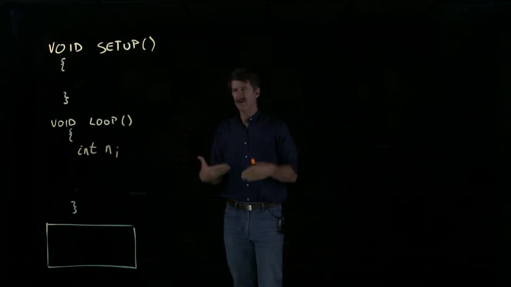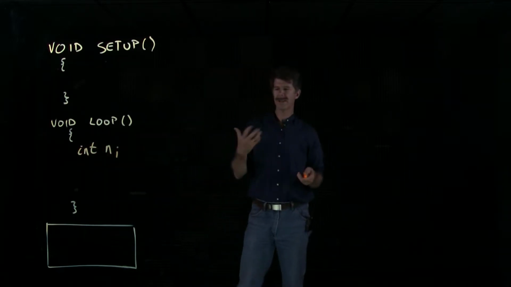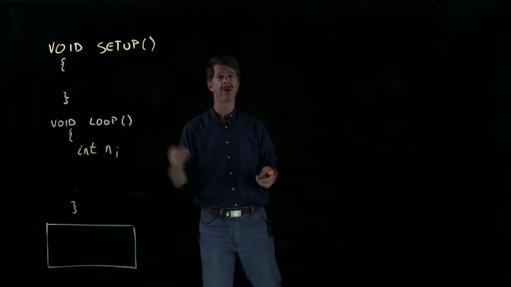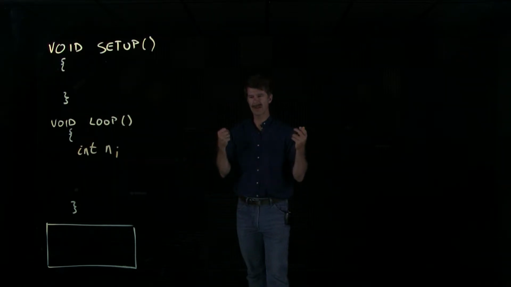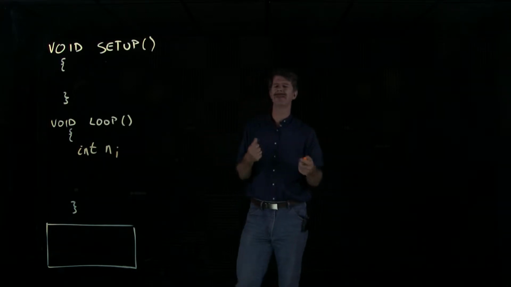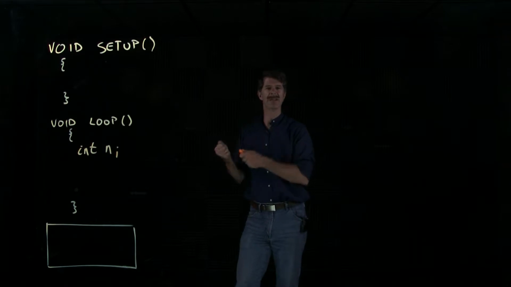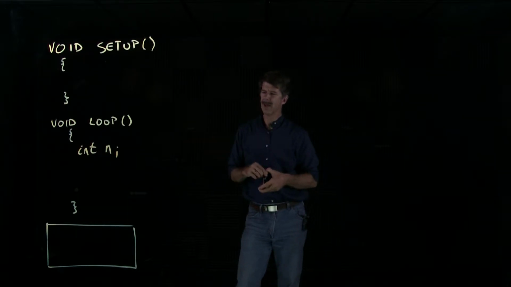To use a variable, you need to tell the code what its name is and what type it is, because there are other types of variables, floating point variables that can have decimal points, for example. So they're stored differently, and you have to tell the Arduino, this variable n represents an integer. Please allocate some storage to store that.